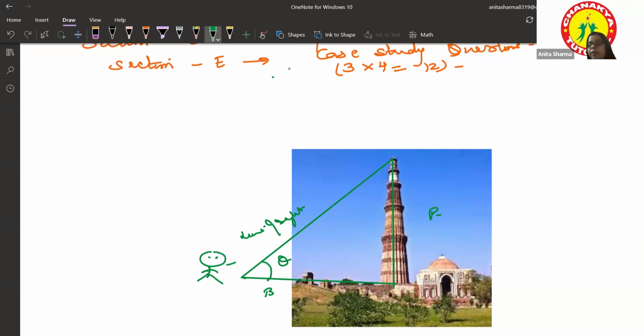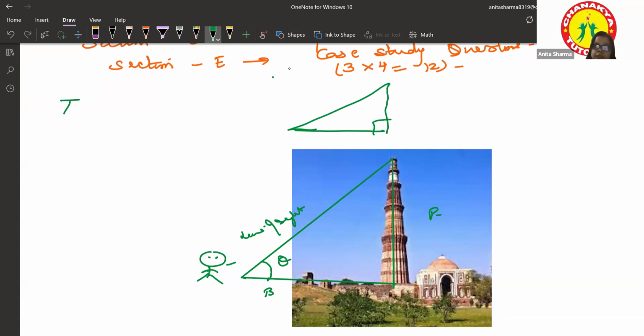If you observe every monument, everything in the sky and in space, with our earth, they are making a vertical line, a straight line like this. So they form a right angle triangle only, right?